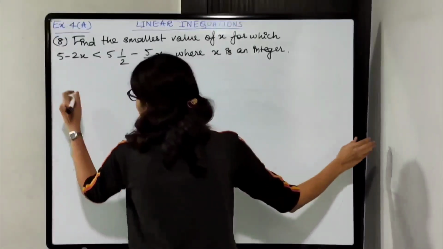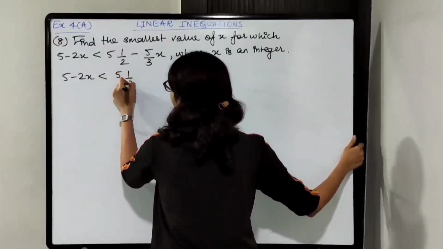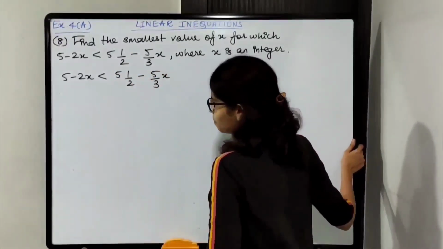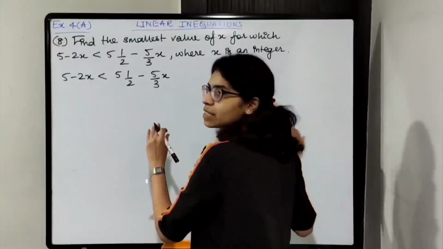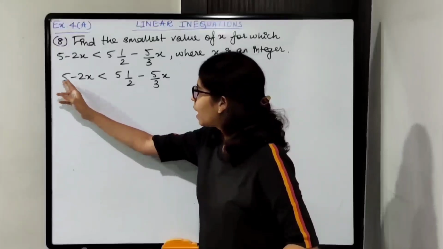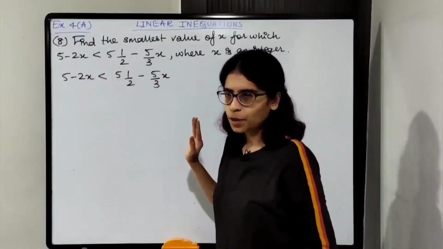So write down the inequation. 5 minus 2x is less than 5.5 minus 5 by 3 of x. x will group together. So x को यहाँ पे shift कर देते हैं, okay? And numbers together. So 5 will shift over here with 5.5. Alright?